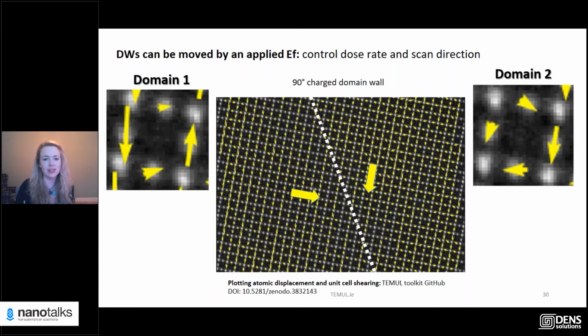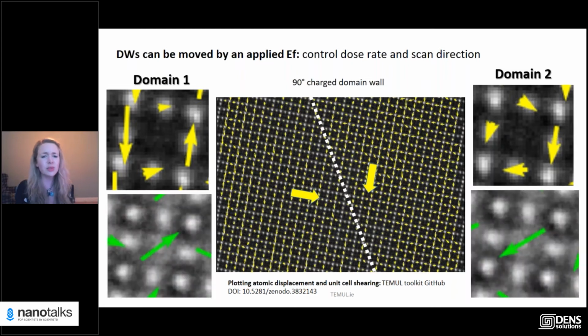It's in our TEM toolkit, so we're able to map out this displacement, because there simply wasn't code out there at the moment to do that. This is really important because we want to understand how thick the domain wall is and what happens at it, and how much of a change there is in the polarization from the wall into the domain itself.